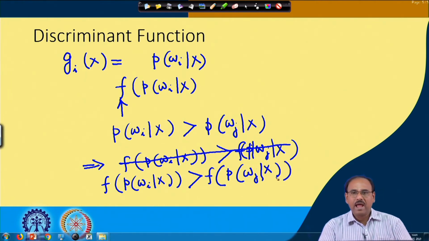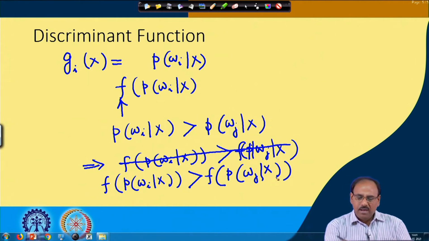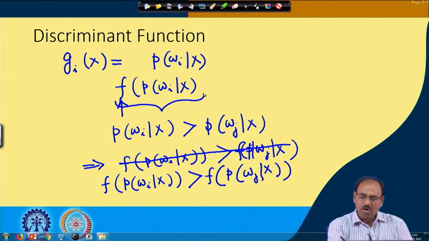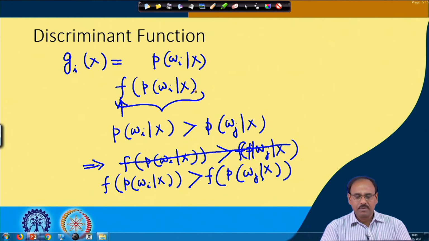So f has to be a monotonically increasing function. Then g i x as f of P of omega i given x can also be used as a discriminant function, because whenever g i x is maximum, f of P of omega i given x will also be maximum.